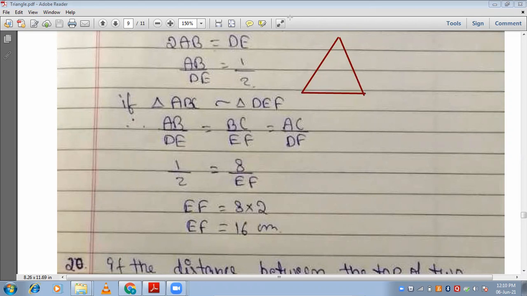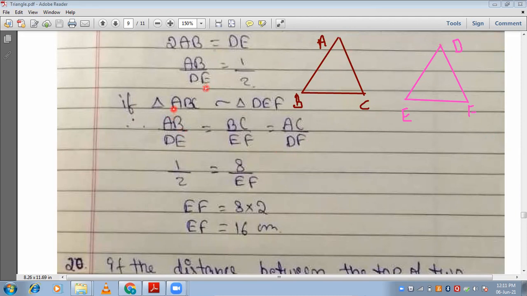This is triangle ABC and another one is triangle DEF. So now take AB by DE is equal to BC by EF is equal to AC by DF.